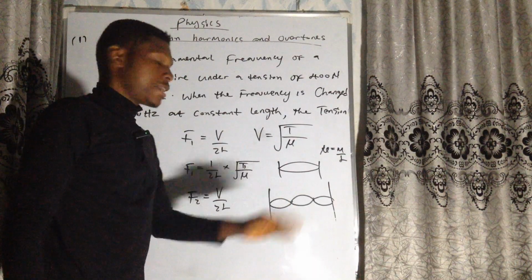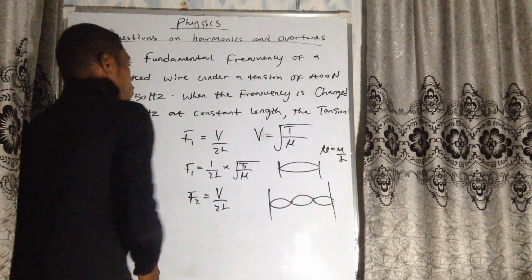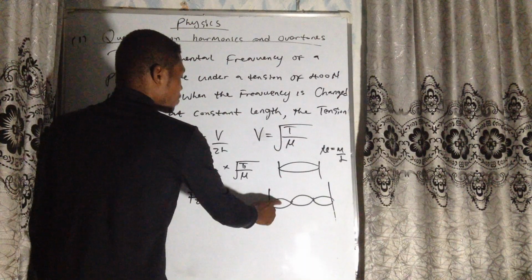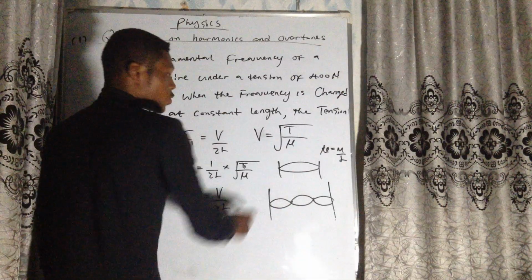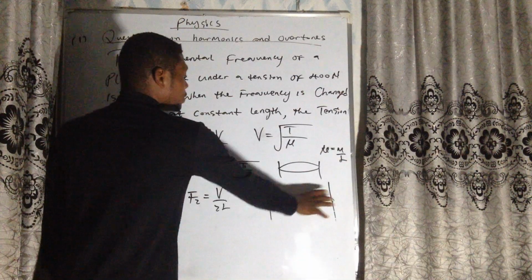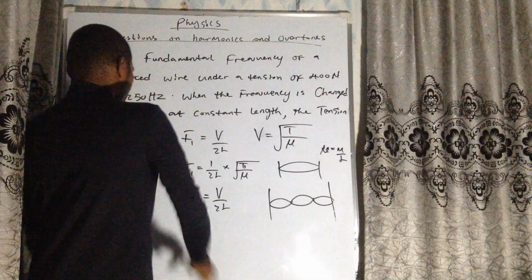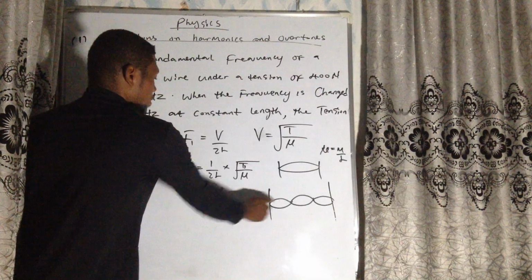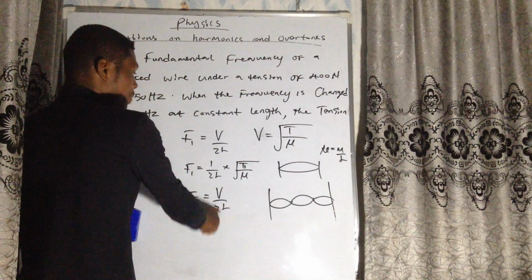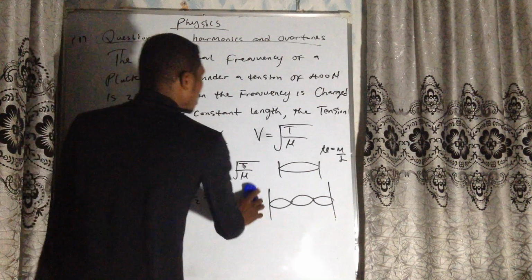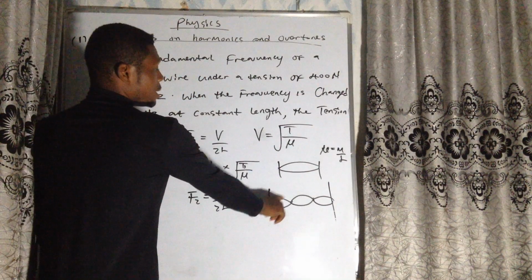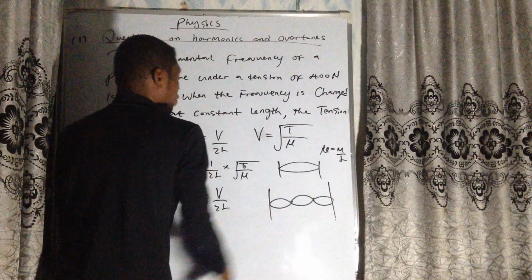So this part and this one and this one, they are not the same. This one is bigger than this one, okay? They are of different frequencies. Good. So my F2 will be V over 2L. I'm talking about this one. Correct. That is if this one is to be a fundamental frequency for this mode of vibration.